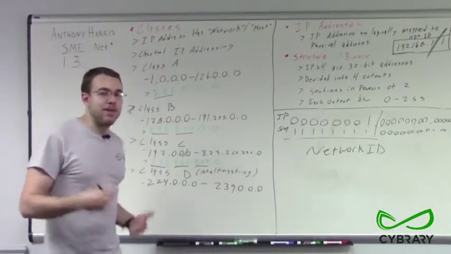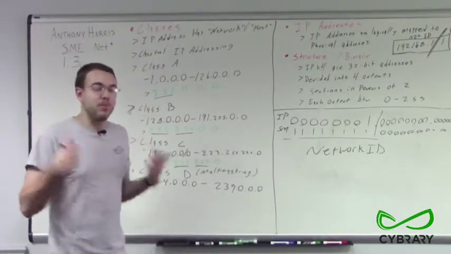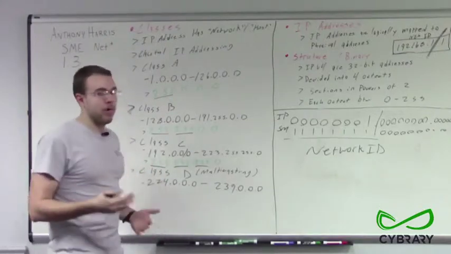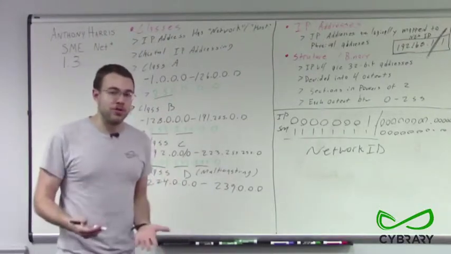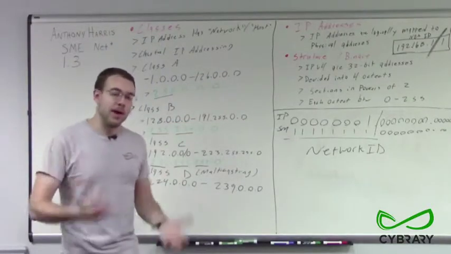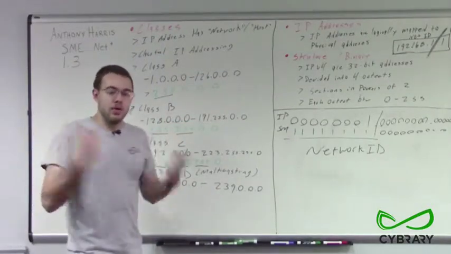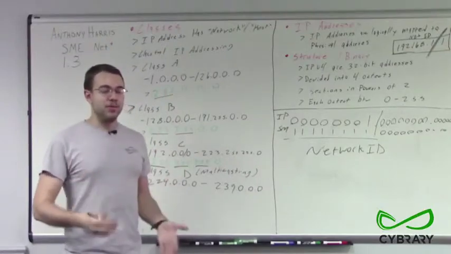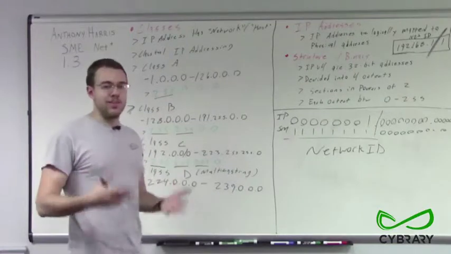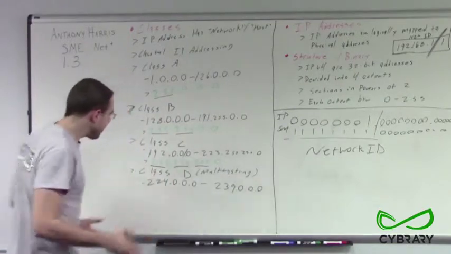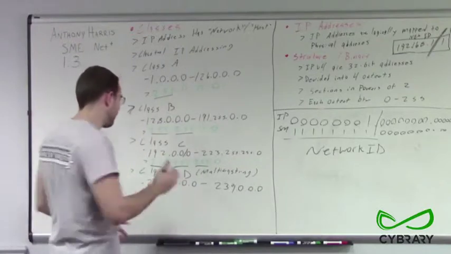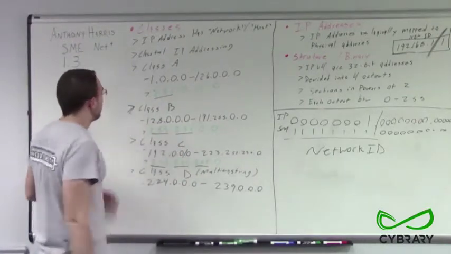Because a lot of environments, a lot of small homes and small offices and home offices don't require any more than 254 hosts. So you'll typically get that 192.168.whatever as your net ID for a computer or for a router on a small office. So keep in mind that 192 is going to start off your Class C.